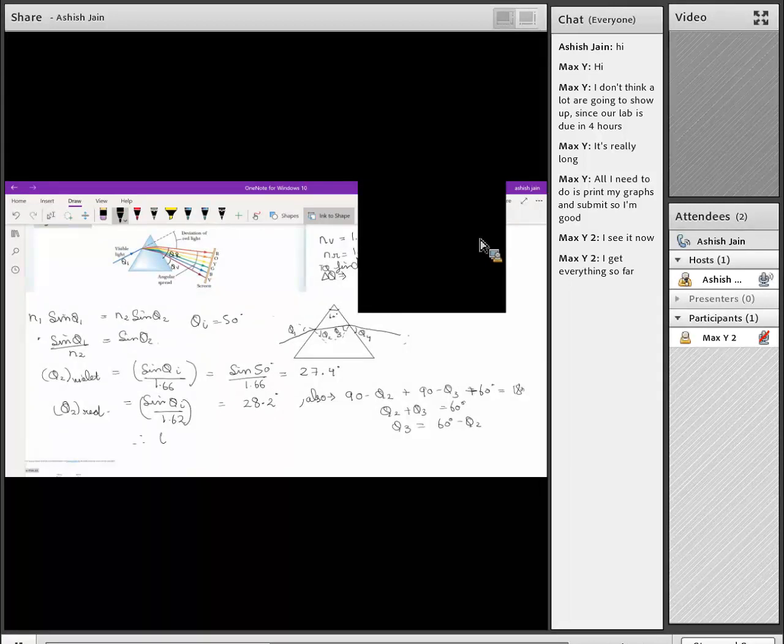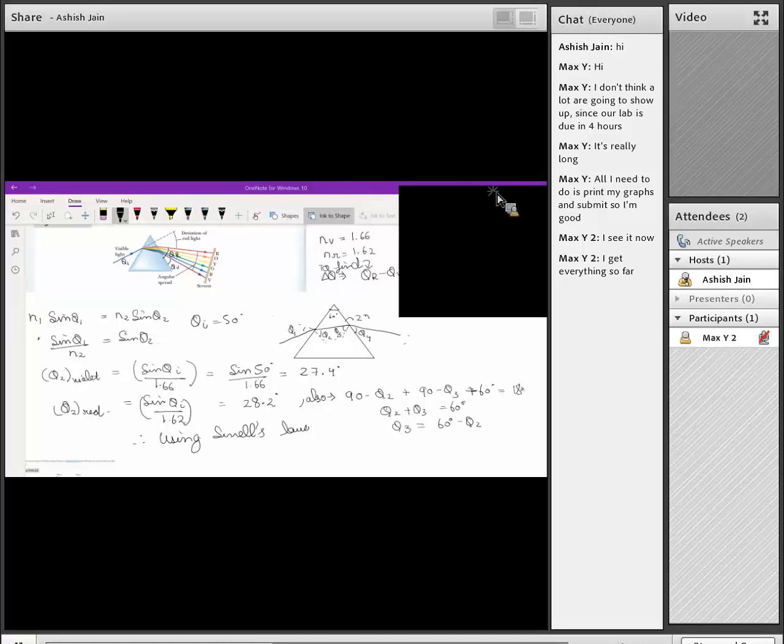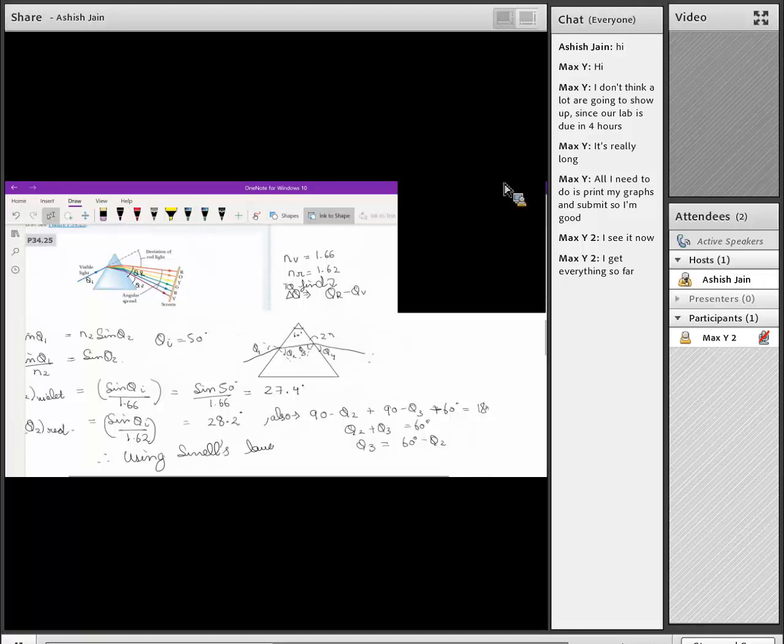Also, using Snell's law at the second boundary, I'll rename this as the second boundary.